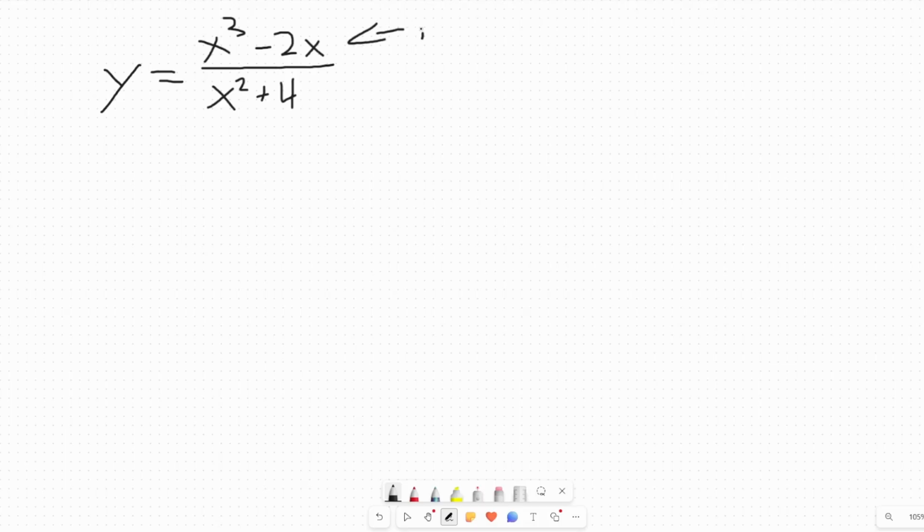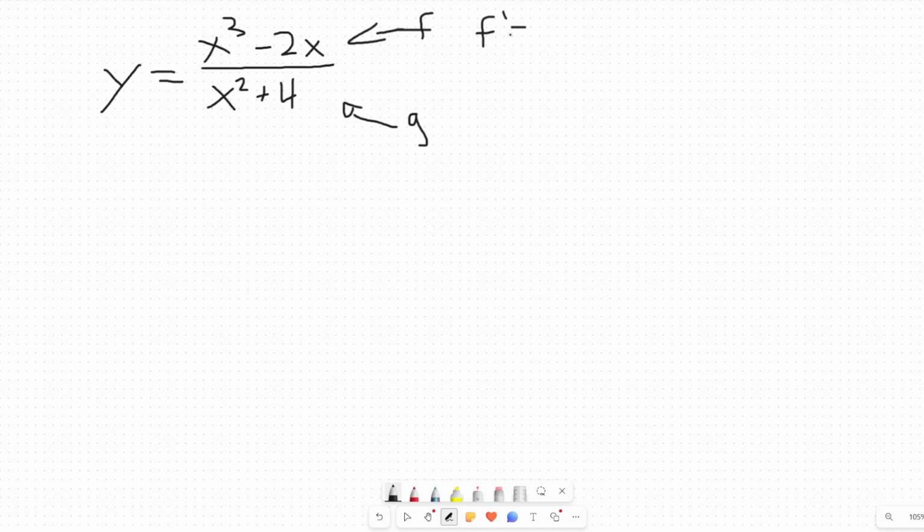But this is our f, this is our g. Now, if you understand this very well, you don't have to write out f, g, f prime, g prime. You can pretty much just do it as you're writing the equation. But if you're ever lost, it's very easy to just do it this way.